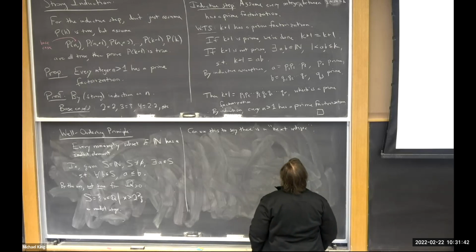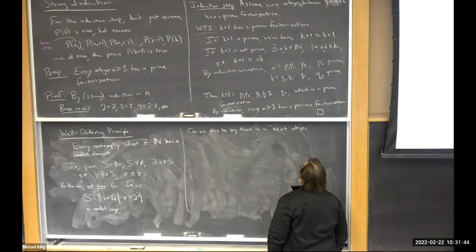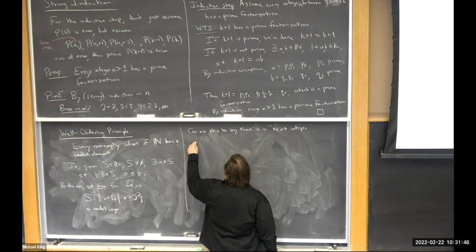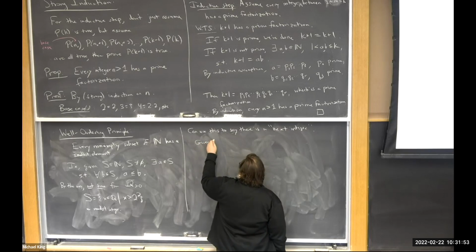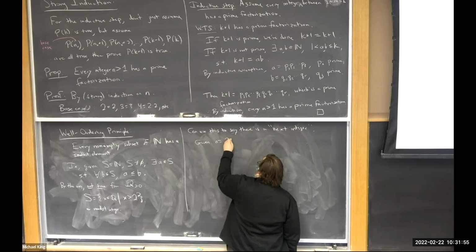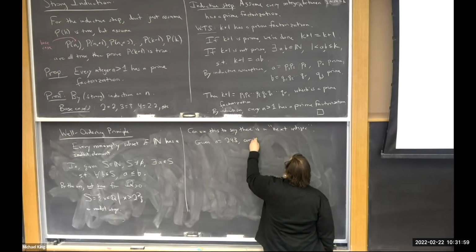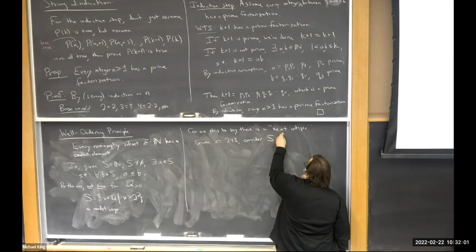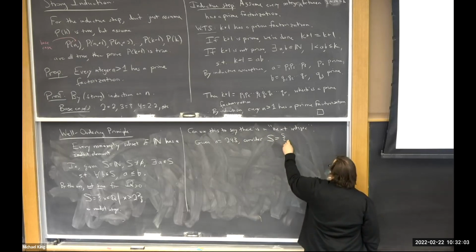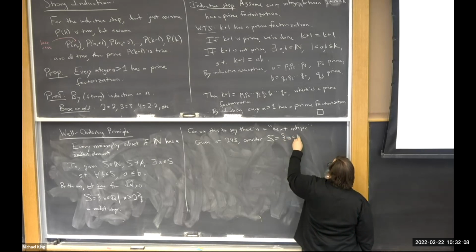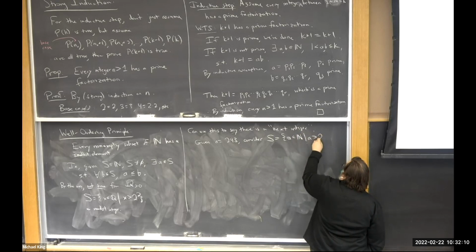So for example, what I mean is, given n equals 243, consider S to be the set of natural numbers, say A, in natural numbers such that A is greater than 243, right?